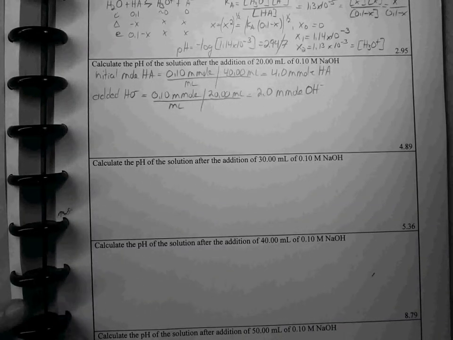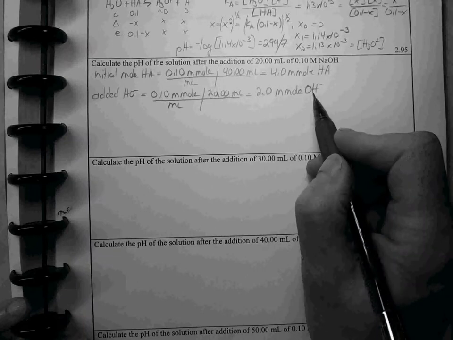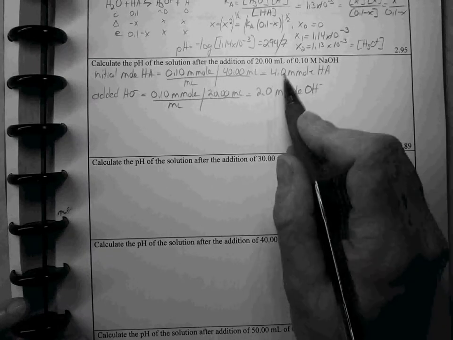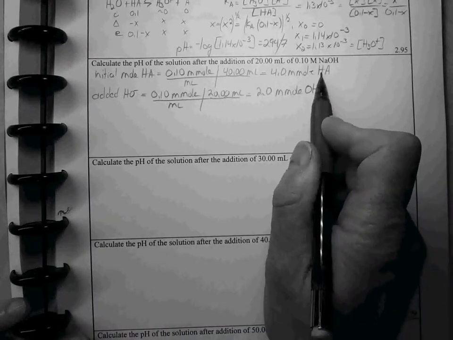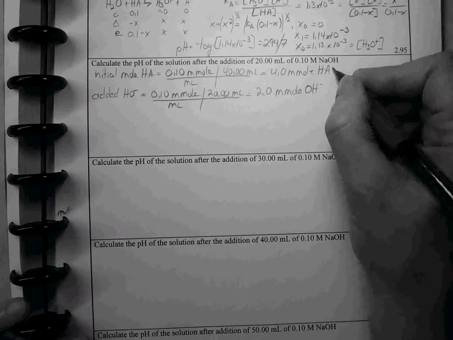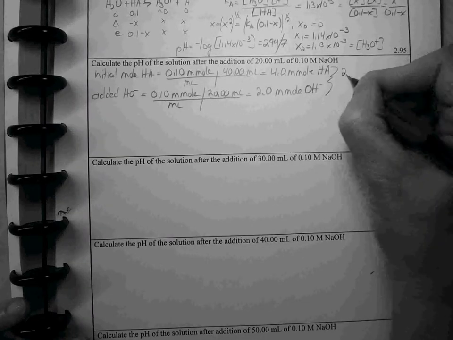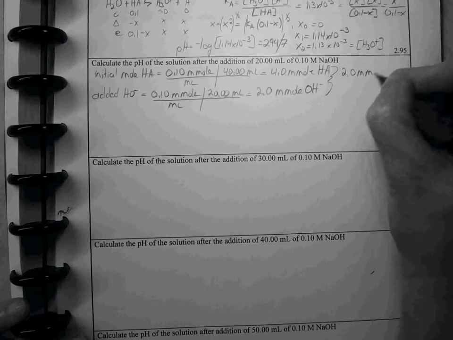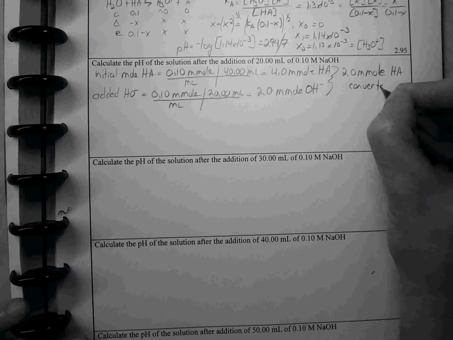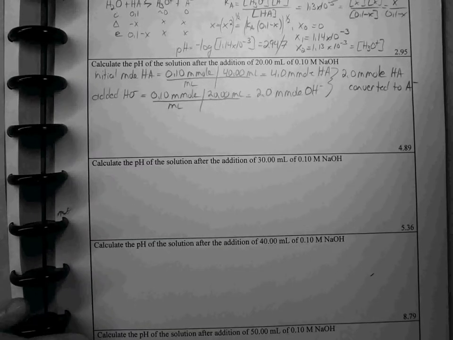So what this means is that our strong base has converted 2 millimoles of HA to A minus, the conjugate base.